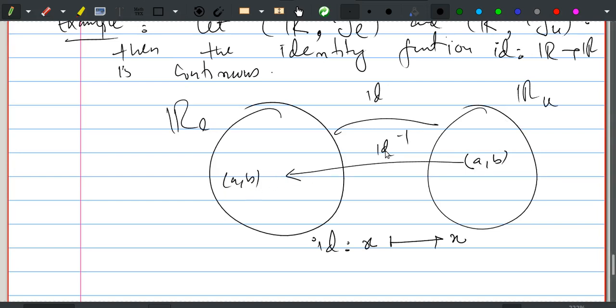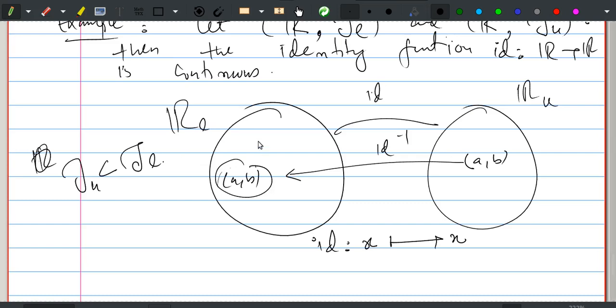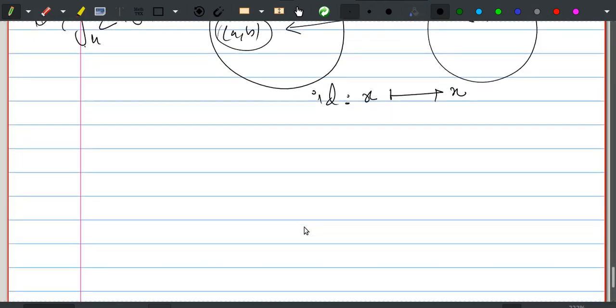Now this map will be continuous if this is open, since we know that T_U is contained in T_L, I mean any open set with respect to the usual topology is open with respect to the lower limit topology. So that means this is going to be an open set in R_L, because T_L is finer than T_U. So in this case this will be a continuous function.